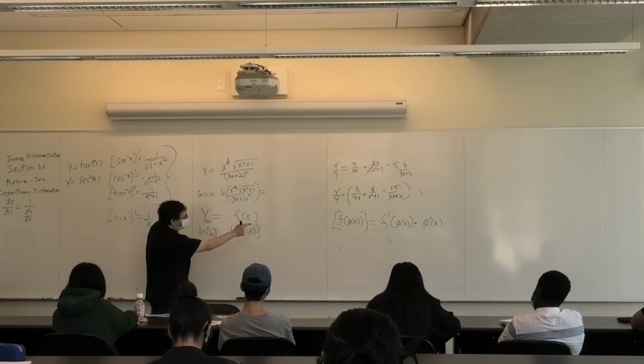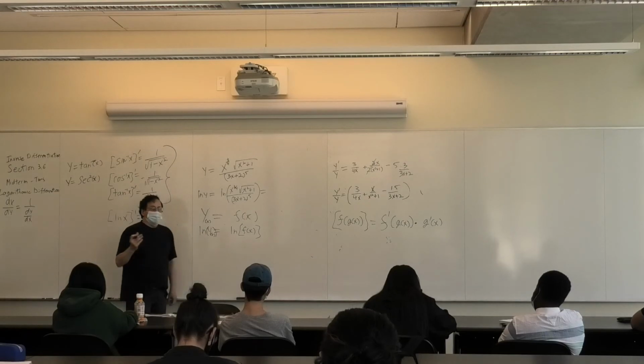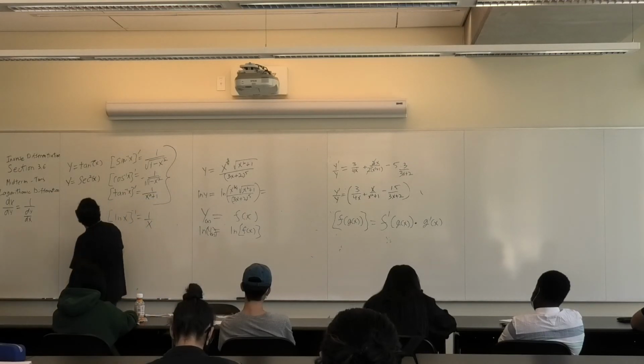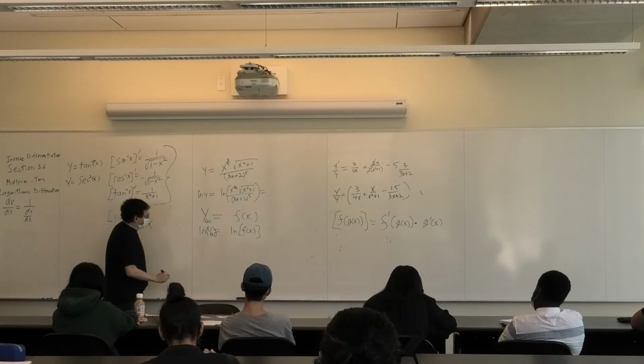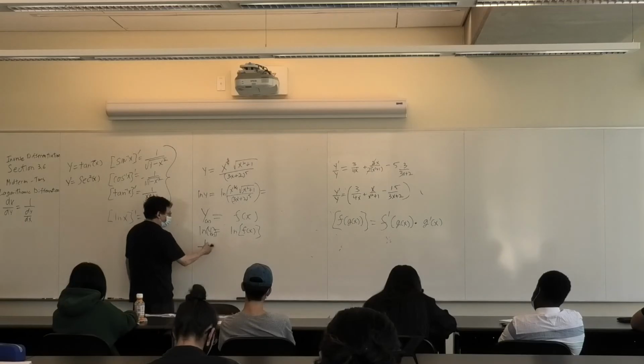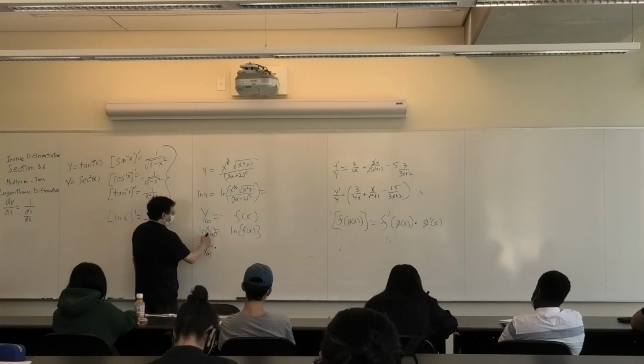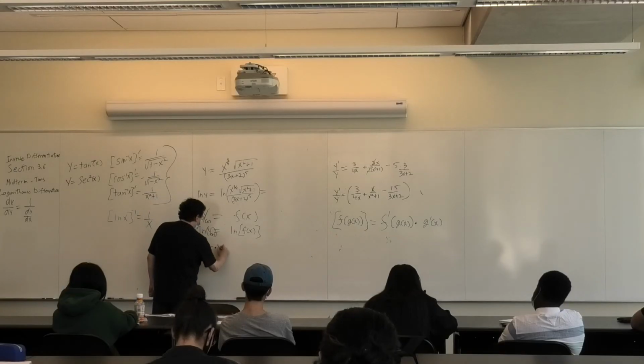So this tells me that the derivative of the log of y of x: the derivative of the log of x is 1 over x, so it's 1 over x at that function, times the derivative of y at x.